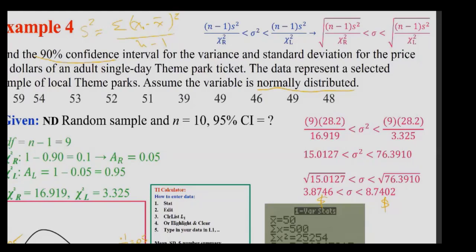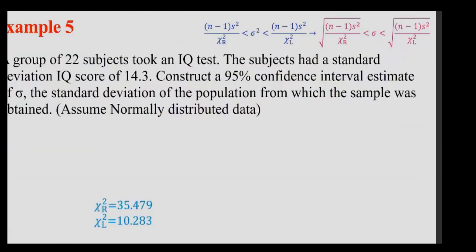Here's the next one. A group of 22 subjects took an IQ test. The subjects had a standard deviation IQ score of 14.3. Construct a 95% confidence interval estimate of the standard deviation of the population from which the sample was obtained. Assume normally distributed data. The very first number is 22, the number of subjects.